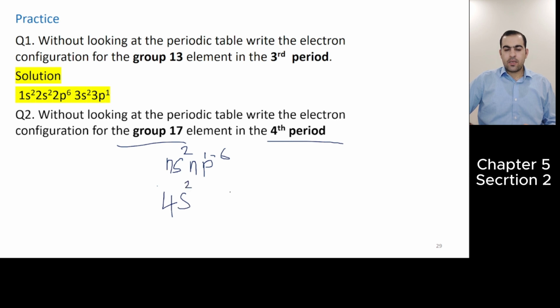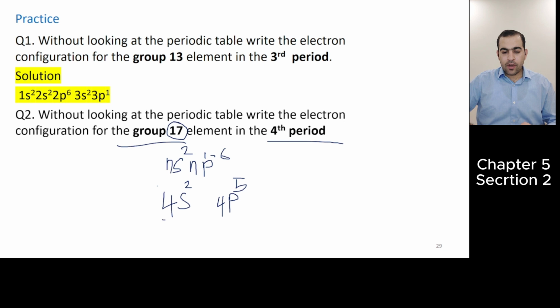Then p, n means 4p. So group number 17. 17 minus 10, 7. 2 electrons enter s. Then how many electrons are going to be left? 5. Okay? Because this is group 17. This is halogen. So you write the whole electron configuration: 1s2, 2s2, 2p6, 3s2, 3p6, 4s2.